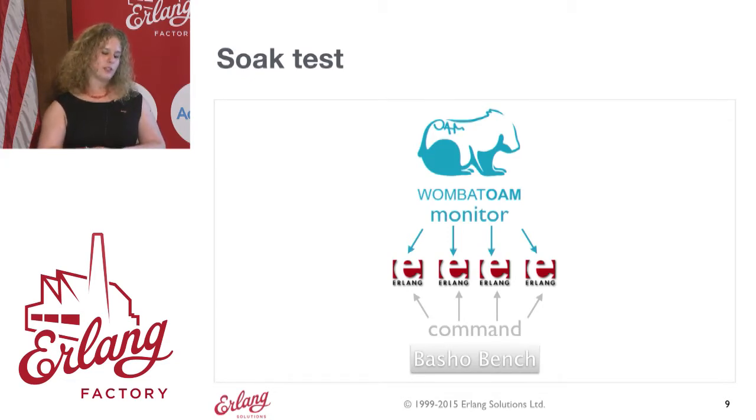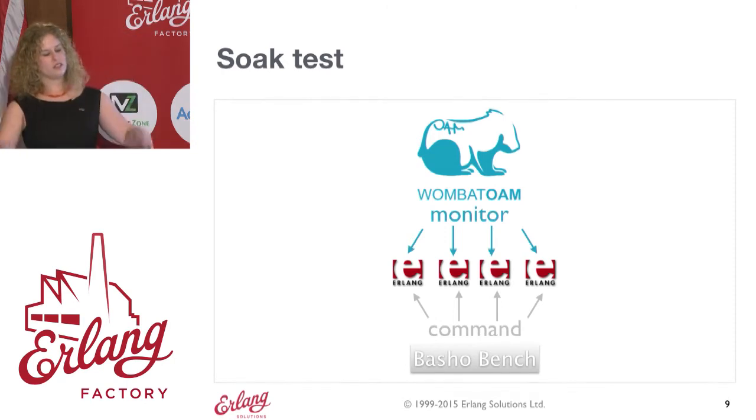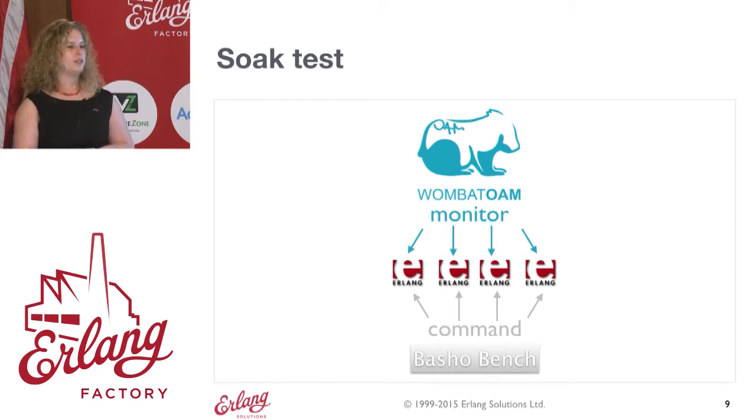If Basho Bench commanded the nodes, they became extremely crazy. So for instance, thousands of processes were being spawned within each node. And each process sent a huge number of messages to each other. And then they crashed because of various reasons.